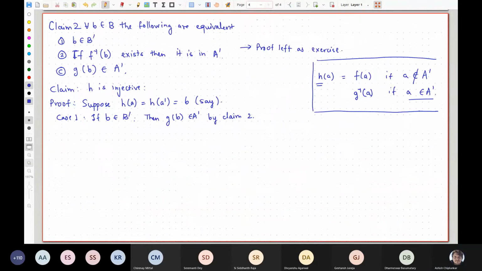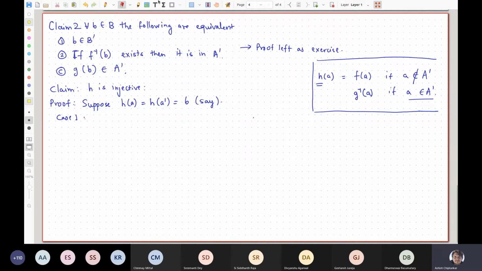Okay. So where should we start then? Acha, so maybe this is the wrong point to start. Sorry. So let's make cases on where A and A prime lie, right?